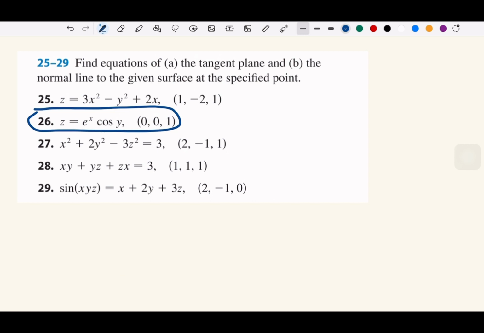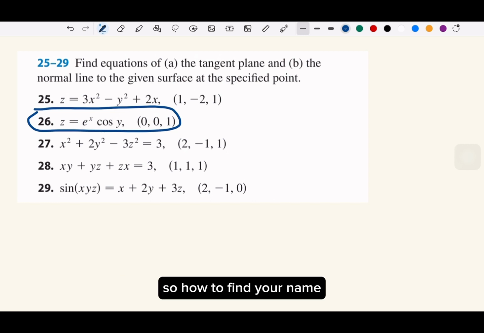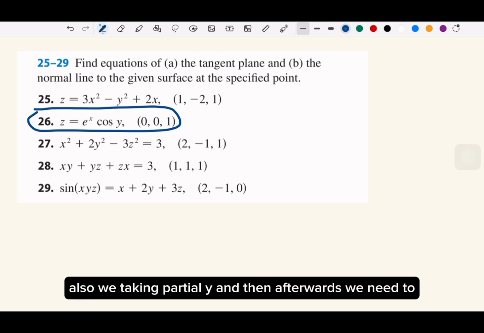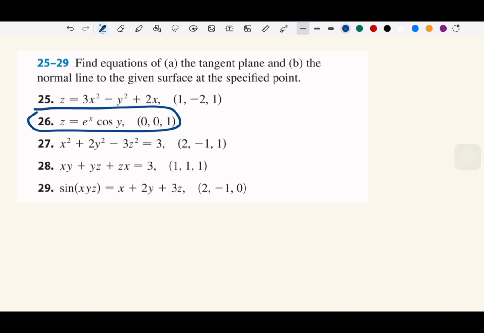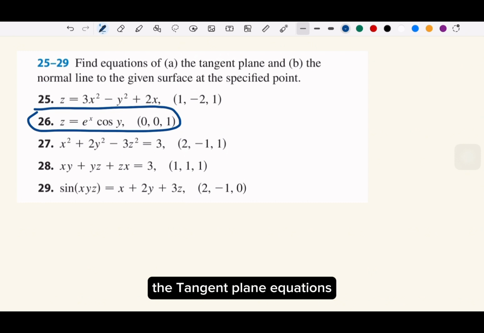Okay. So how to find the tangent plane? We have z. The idea is that we take partial x and also partial y, and then afterwards we get into the tangent plane equations.